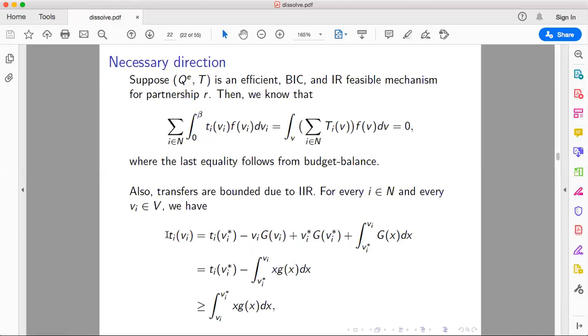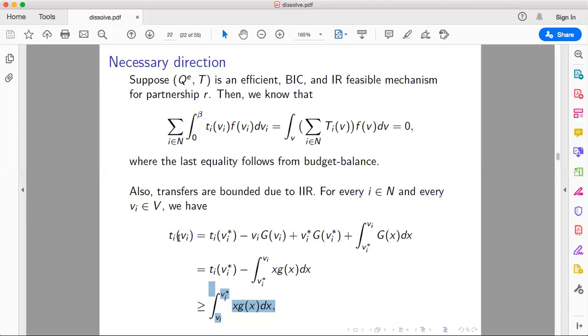The bottom line is that transfers are lower bounded by this expression due to Bayesian incentive compatibility and IIR. So you can use Bayesian incentive compatibility and IIR to bound the interim transfer of every agent at a particular type.